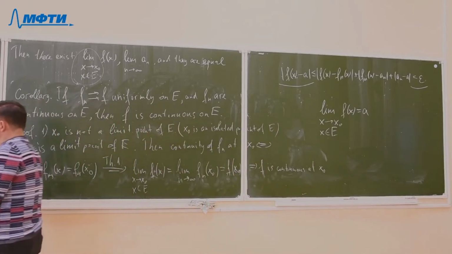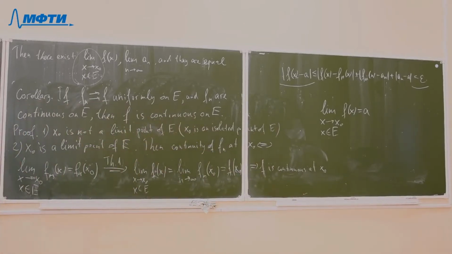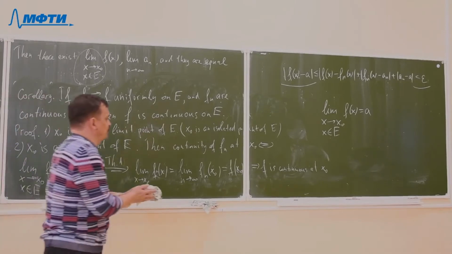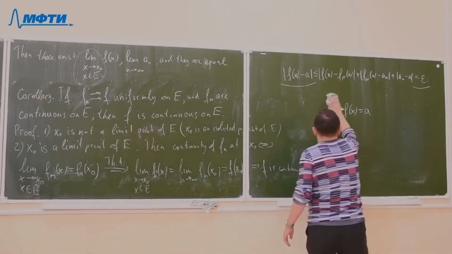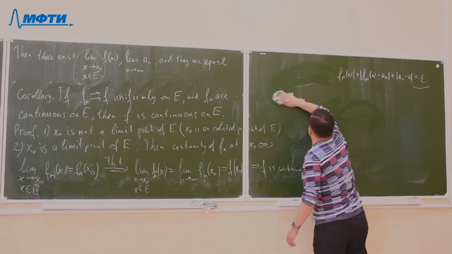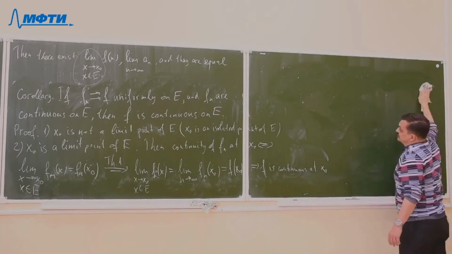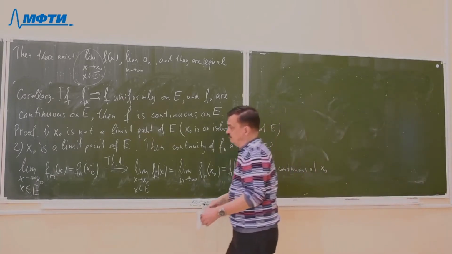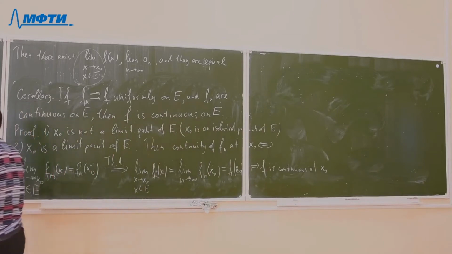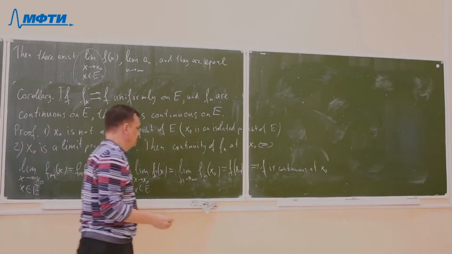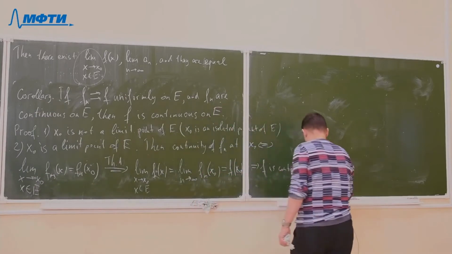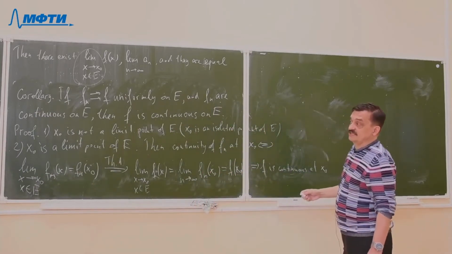And analogous assertions are valid for functional series, because uniform convergence of a functional series is equivalent by definition to uniform convergence of the sequence of partial sums.